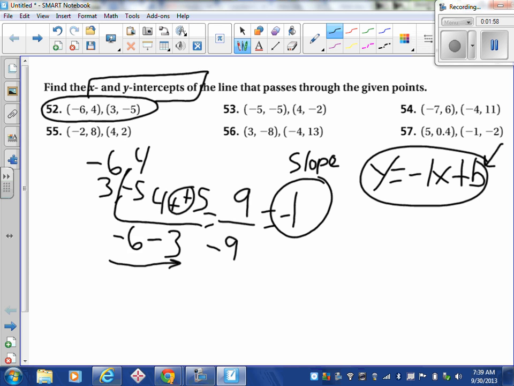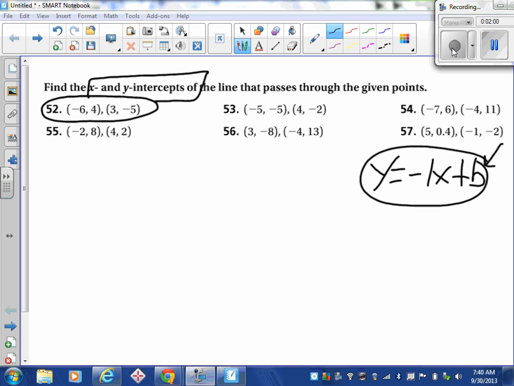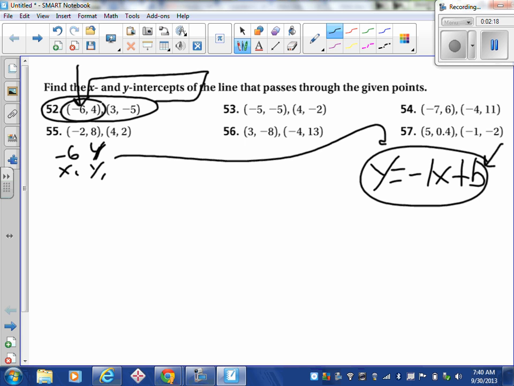So if I just use this equation right here, that -6 is my x1. Oops, that 4 is my y1. So I can plug that into that equation.